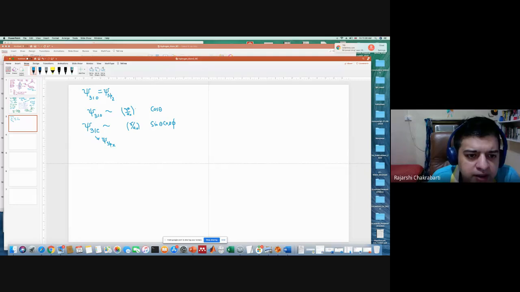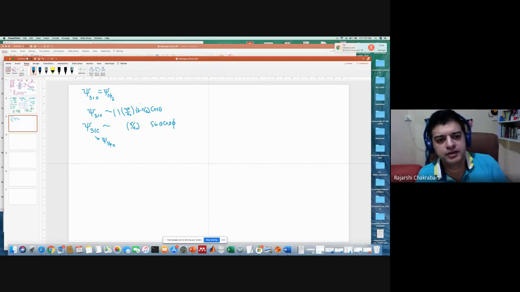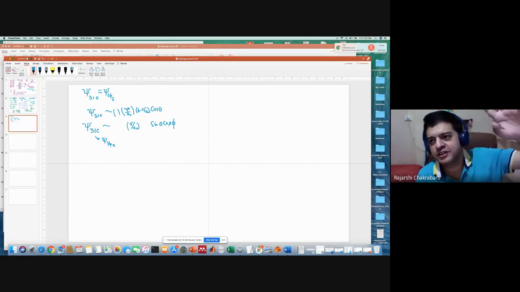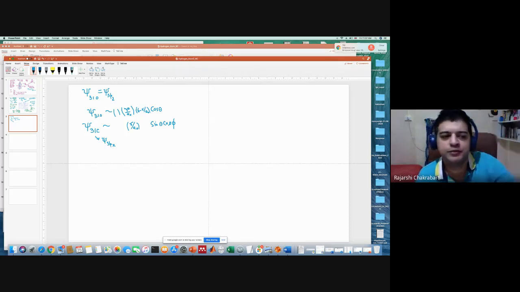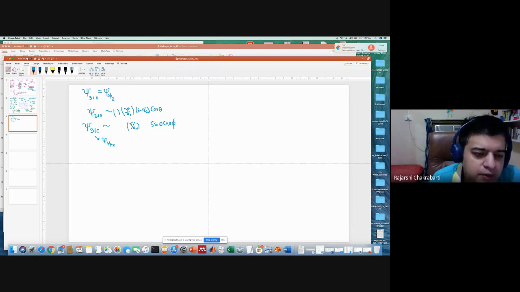Okay, now let us come back here. I said that it is something like 6 minus r by a0 into r, times some constant. You do not know this constant, but I'll tell you how to remember not the functional form, but what the form will be. What about the radial part for 3px?